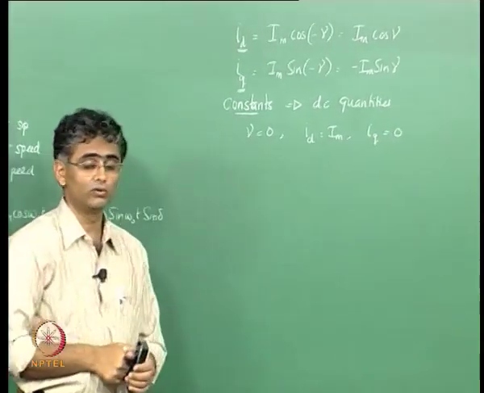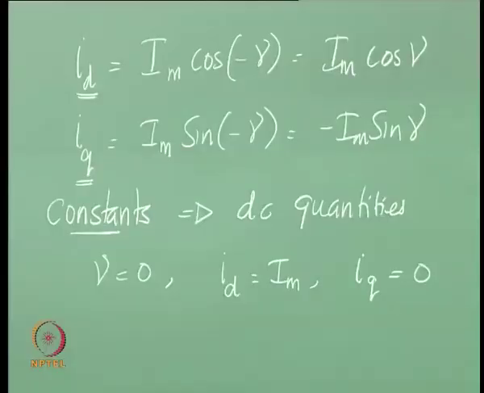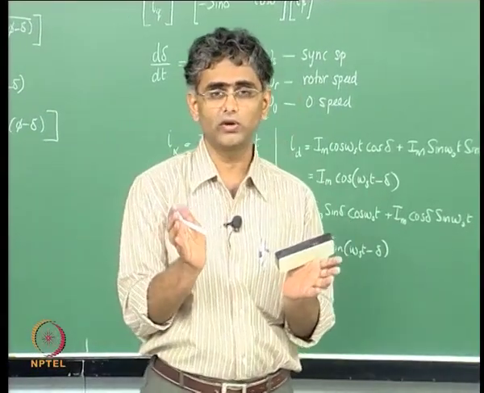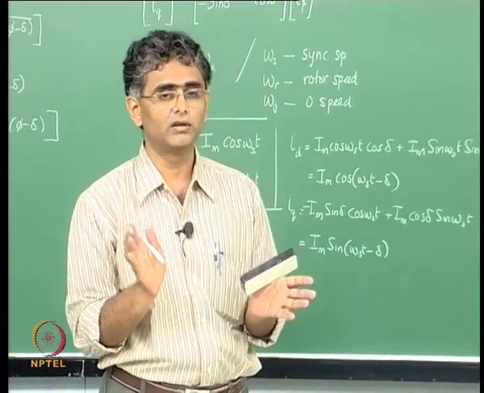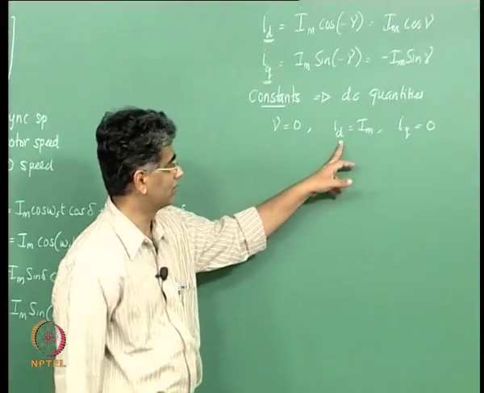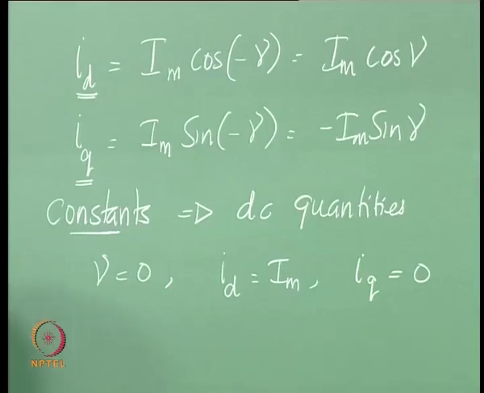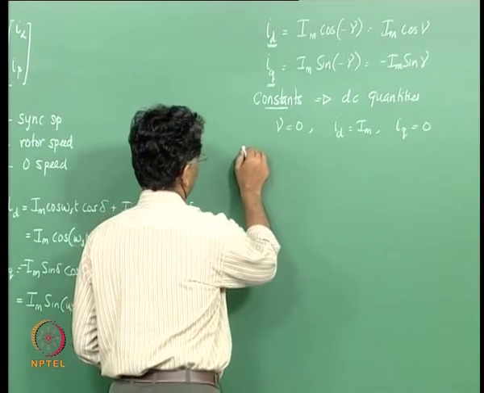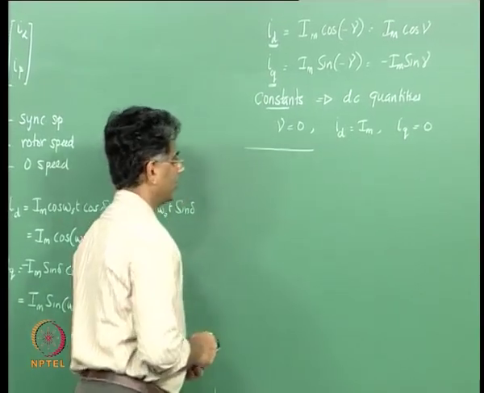So, that is again useful: if I orient my reference frame, the d and q axes, at some particular angle, then only the d axis component exists and there is no q axis component. So, this is one interesting aspect of the development.